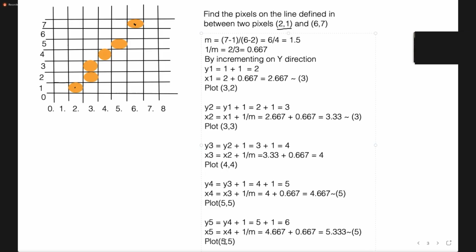Then here this one is 6 comma 5 to be plotted. Sorry, 5 comma 6 to be plotted, that is here.